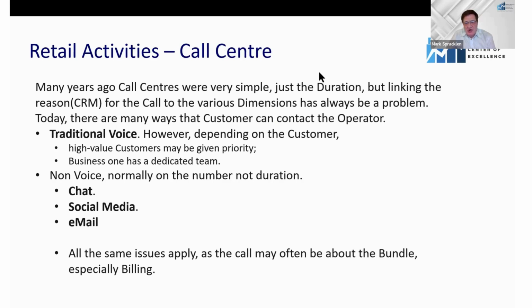The next biggest one after the sales channels is the call centers. Normally, historically, this has been quite easy. Max mentioned call centers earlier, but you can think of a telecoms company as a bunch of engineers and a call center.